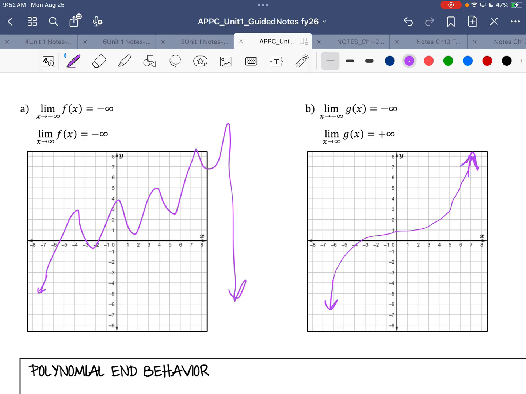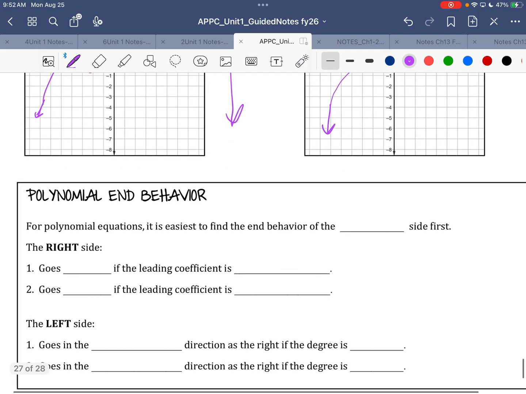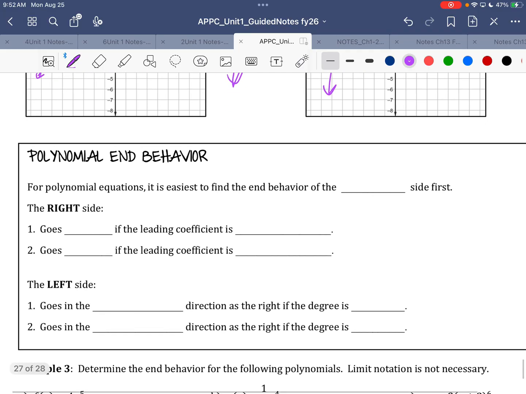All right, and I think we're almost done now. A polynomial's end behavior. For a polynomial equation, it's easiest to find the end behavior, to me, on the right side first. The reason for that is the right side is affected by the sign of the leading coefficient.